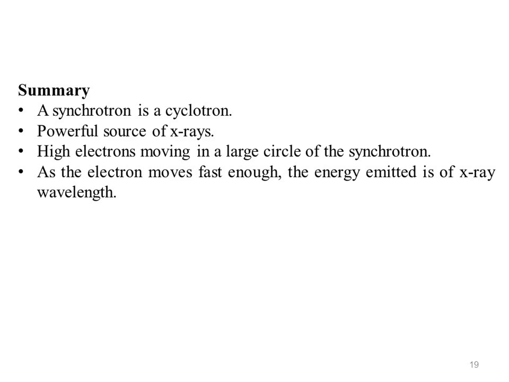These are generated by high-energy electrons moving in a large circle of the synchrotron. The whole world of synchrotron science is based on a physical phenomenon, that is, a moving electron changing its direction emits energy. If the electron moves fast enough, the energy emitted is of X-ray wavelength.